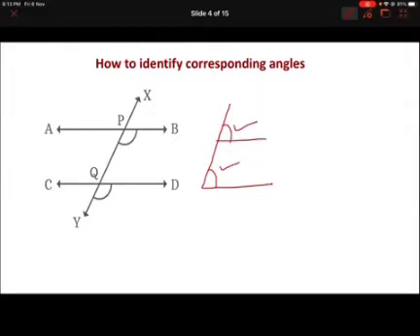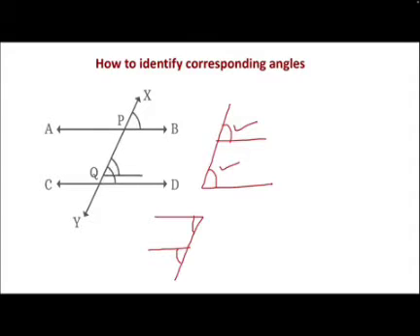So, these two are corresponding angles. If you take the other side, look for this F shape. These two angles are corresponding angles. Children, that is the clue that we can give to identify corresponding angles.